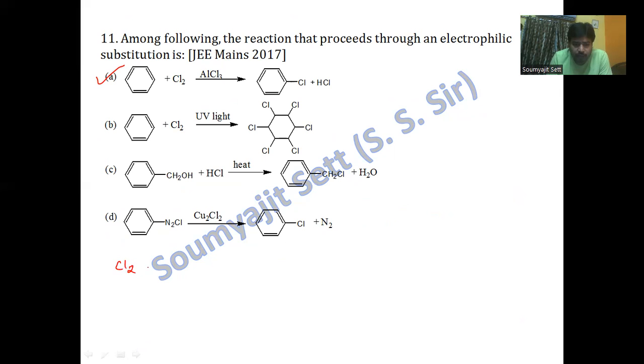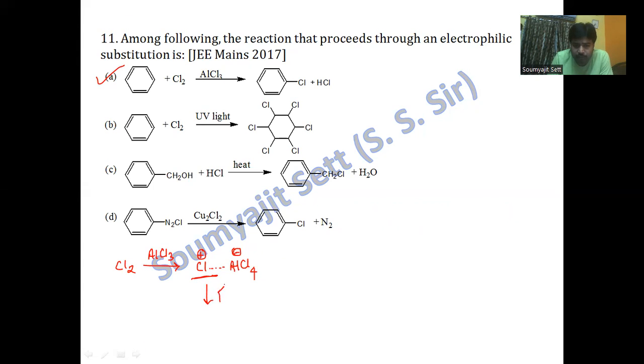At first, chlorine on reaction with anhydrous AlCl3 will produce this kind of species, that is Cl plus and AlCl4 minus. This Cl plus will act as the electrophile.